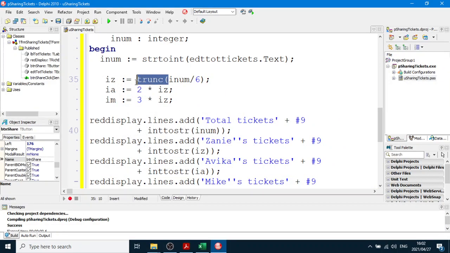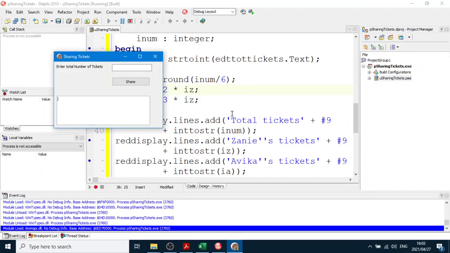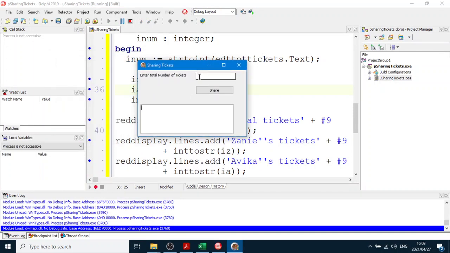And if I divide by 6 over here, obviously I'm going to have an issue, because our Zane cannot have a fraction. I could round it. And then what will happen is that we will have a completely different number, which actually will be better.